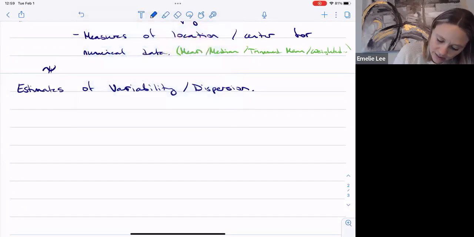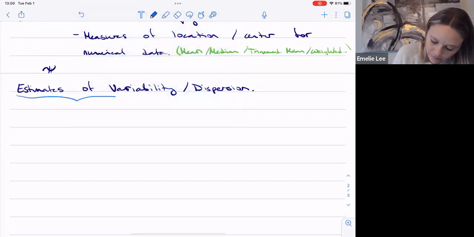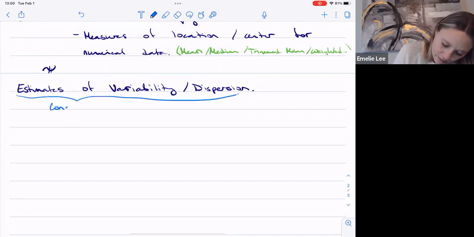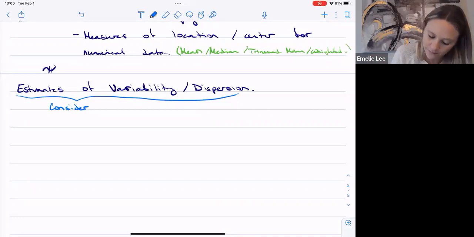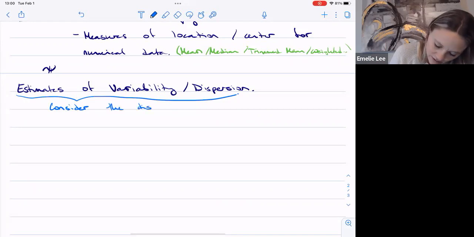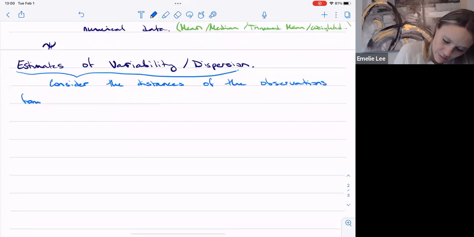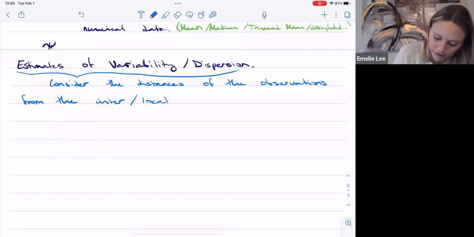And so usually these values consider the distances of the observations from the center, or what we're calling the location now.